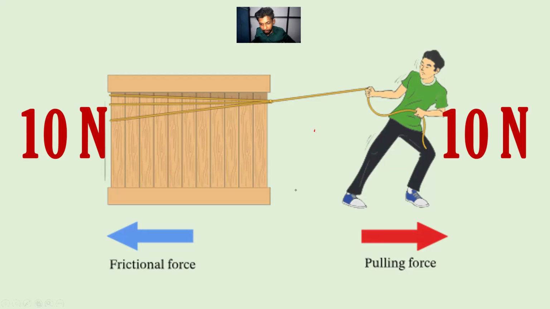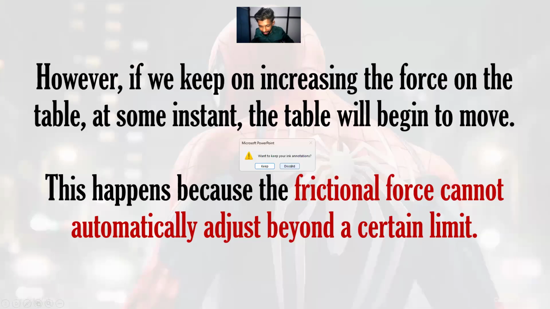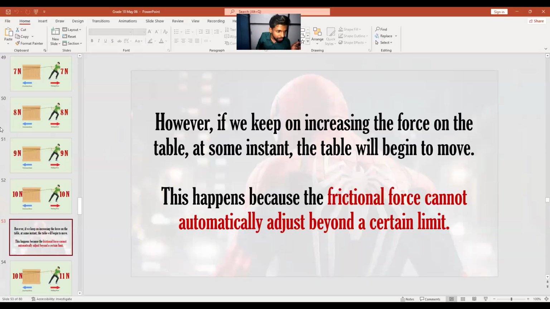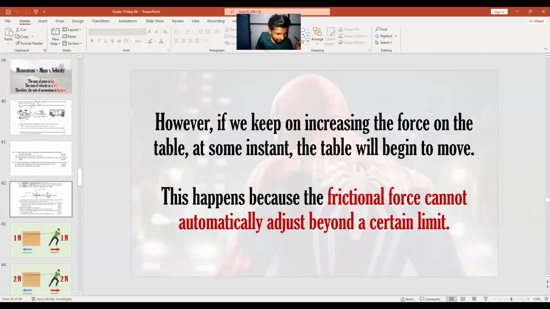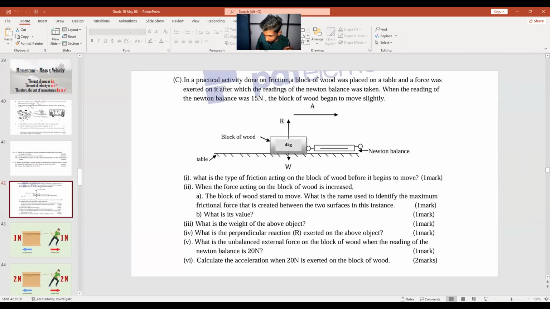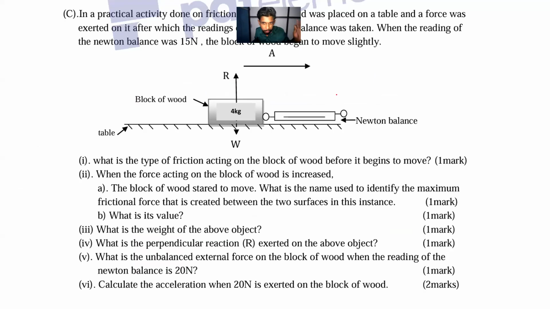But in the question paper, that is not like that. They have clearly mentioned in this question that when I am applying 1 Newton, the object didn't move. 2, the object didn't move. 3, 4, 5, 6, 7, 8, 9, 10, 11, 12, 13. Still the object is not moving.